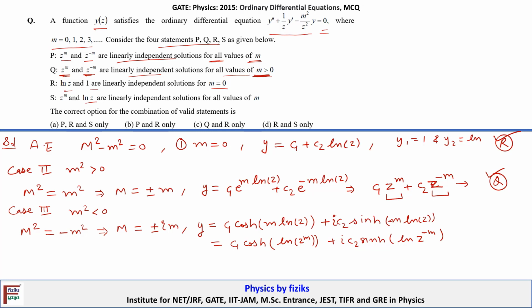From here we can say the roots give the cos hyperbolic terms and the sine hyperbolic terms, which do not correspond to any of the statements P, Q, R, S, and from here we can conclude that only R and Q statements are the correct statements, which corresponds to option C, and the C option is the correct option.